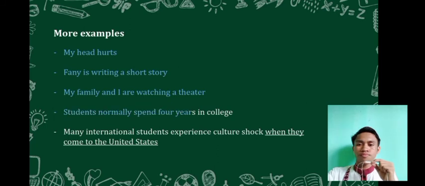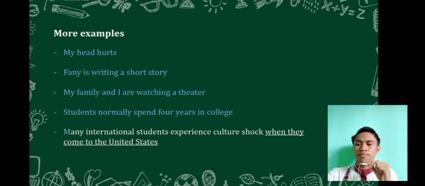And next, students normally spend 4 years in college. We have the subject, students, the verb, spend, the object, 4 years in college, and this clause expresses a complete thought.